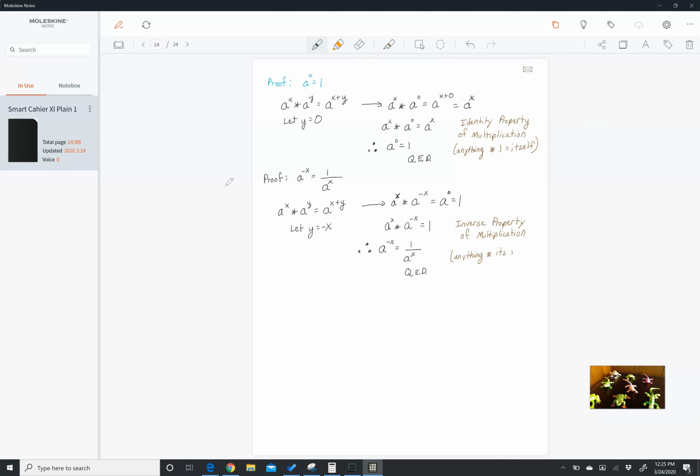Anything times its reciprocal is equal to 1. So for example, 3 times 1/3 equals 1. 6 times 1/6 equals 1. That's what the inverse property of multiplication says.